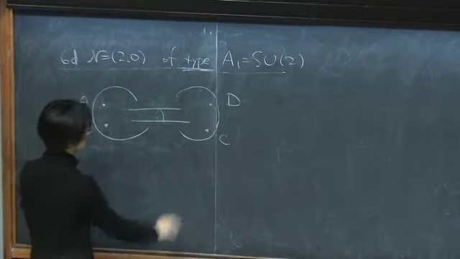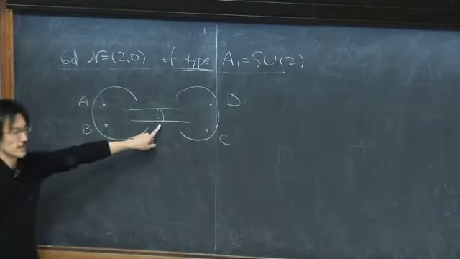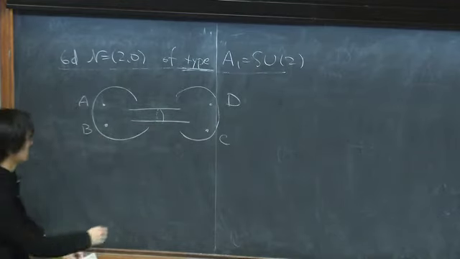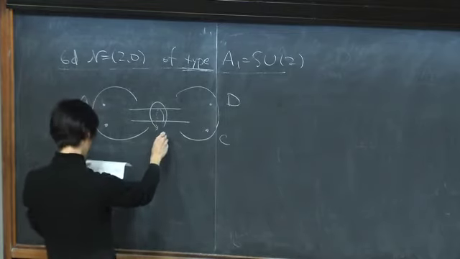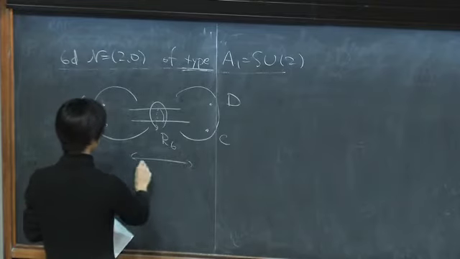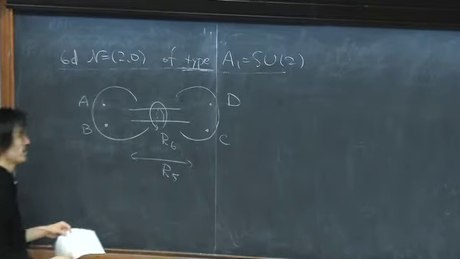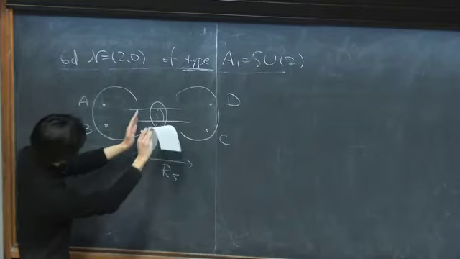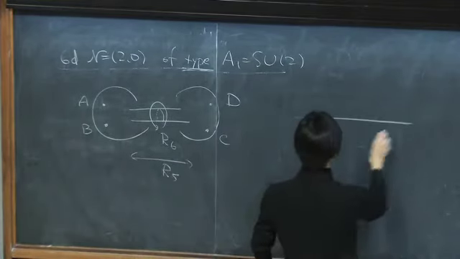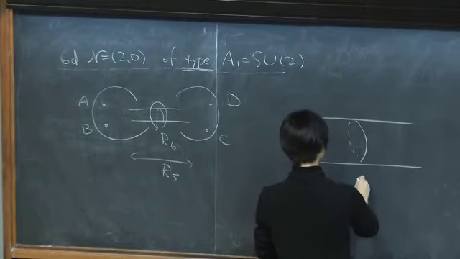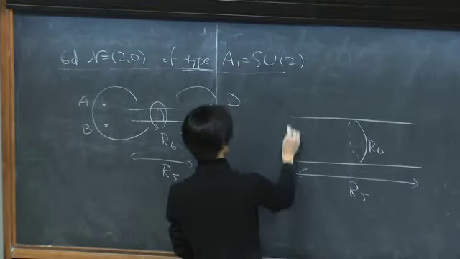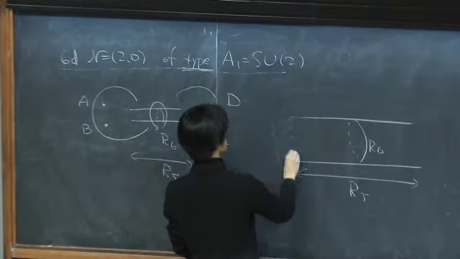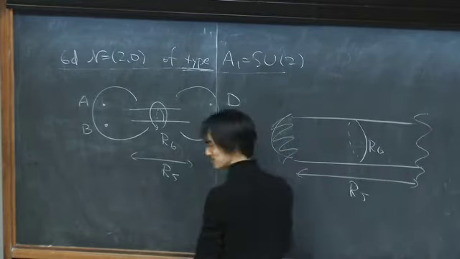These two parts are rather complicated, but let's just consider this cylindrical part. Let's say this direction has length R6, and these two parts have something like length R5, right? If you look at just this part closely, what you find is something like this. This is R6, this is R5, and something is going on at the two sides.